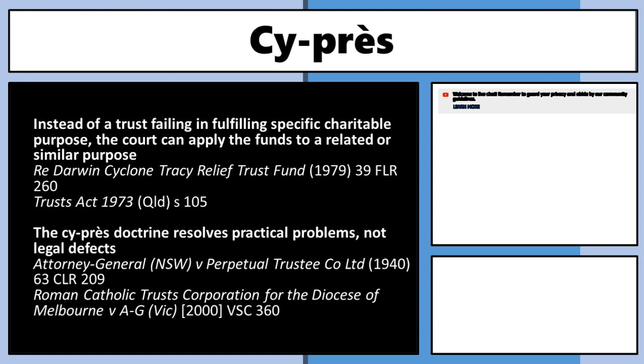If the purpose would fail because it hasn't been clearly defined, because it doesn't have public benefit, or there's some other legal problem, for example, the trust hasn't been properly constituted, these are all legal problems. The cy-pres doctrine cannot resolve those.